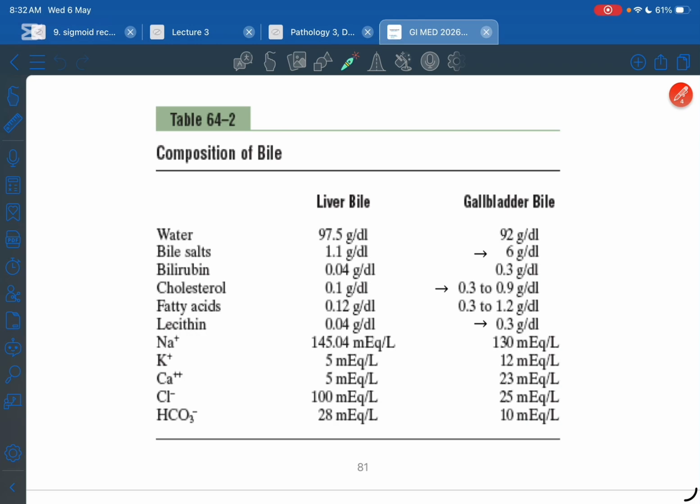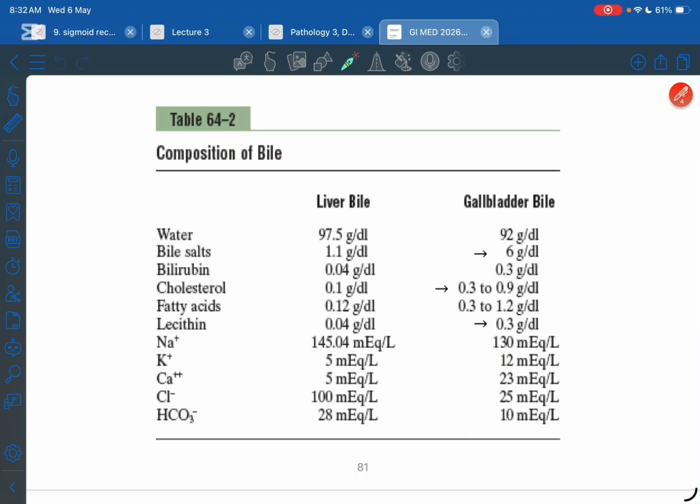Lecithin is another variable which are essential for what we need. And we have other components, many other components. We have waste product. We have bilirubin. حكينا عن bilirubin لما شرحنا blood metabolism of blood, metabolism of red blood cells. What concerns us now, the volume, bile salts, lecithin, and cholesterol.